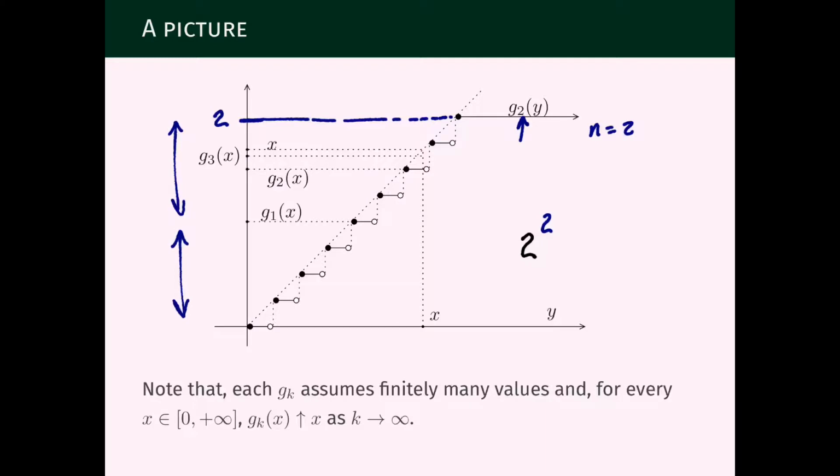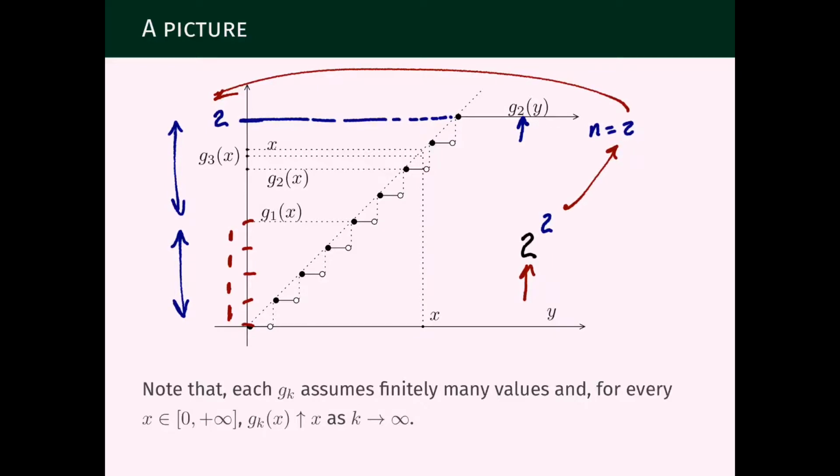But these are different 2's. This one is the same as this one, which is the same as this one, and this one is always 2. So 2 to the power 2 means 4 intervals. 1, 2, 3, 4. So there are 4 intervals here.